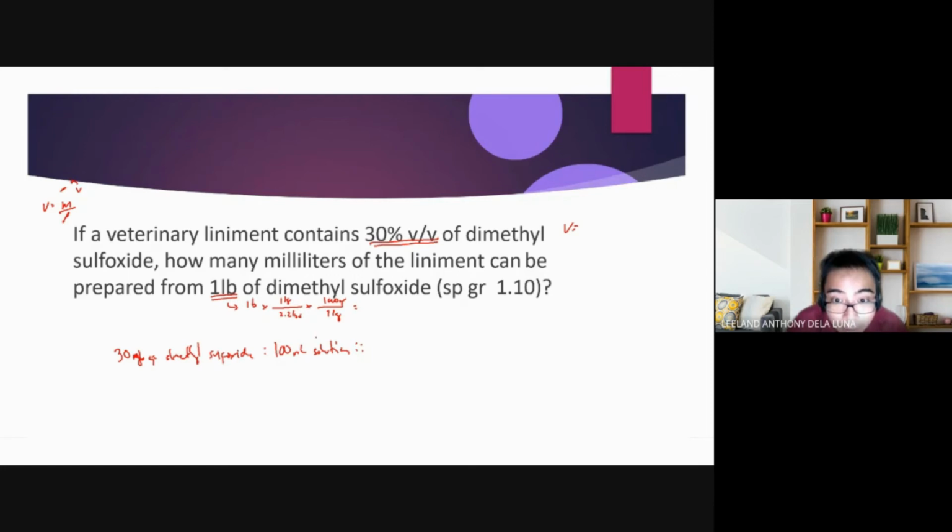And I get 454.55 grams. Right. So in grams na yan. 454.55 grams. So therefore, volume, 454.55 grams divided by 1.1.